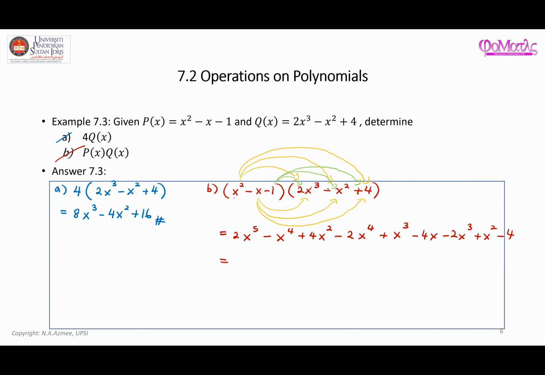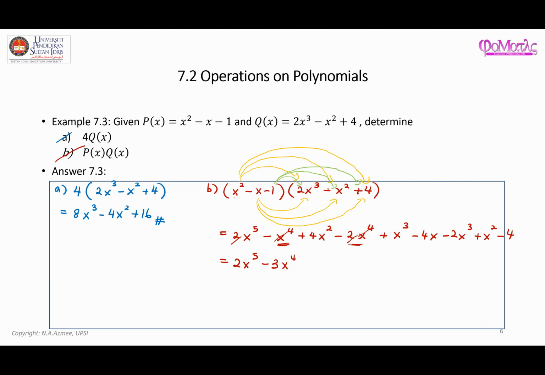Next we simplify the expression. I have 2x to the power of 5, so this is done. Next, the second highest degree is x to the power of 4. We have negative 1 and negative 2, which will be negative 3x to the power of 4.